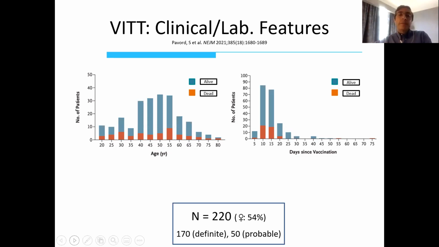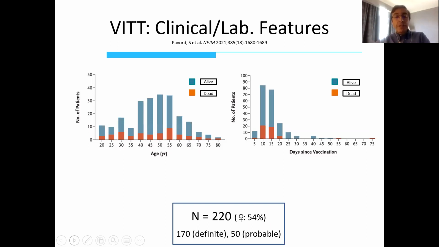Next slide, please. This is a cohort of almost 250 adults that would have been seen prospectively in the UK, and the female preponderance that would have been seen initially would have disappeared, as 54% of the 220 patients included here, which had full VITT or probable VITT, were included.